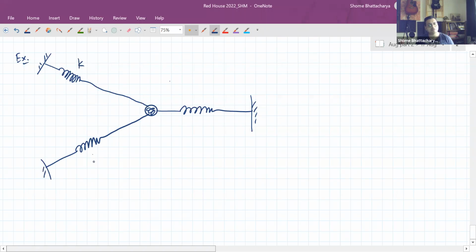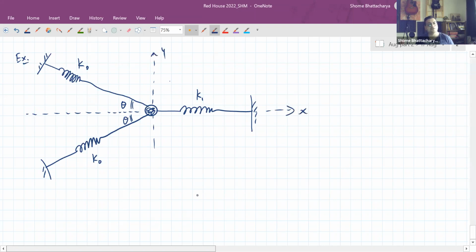These two have spring constants K0 and K0, let's say, and this has spring constant K1. This diagram is symmetrical, so this angle theta is equal to this angle theta. If we take this as our x-axis, this as our y-axis.